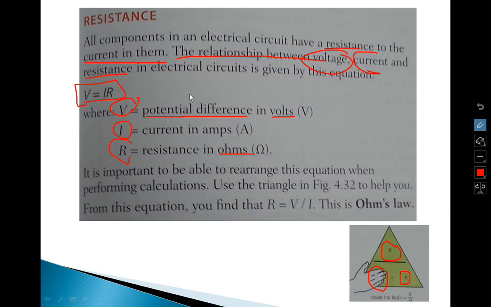Sometimes you have V and R and you need to find I. Sometimes you have I and R and you need to find V. Just use this triangle, and you find that R is equal to V over I. This is called Ohm's law. It's a very famous one.